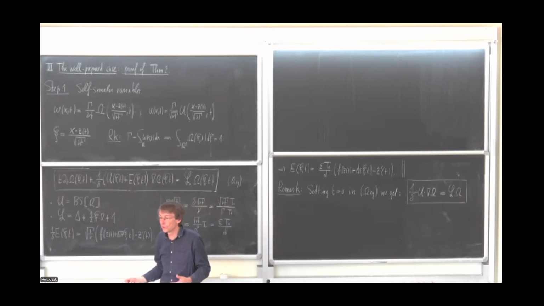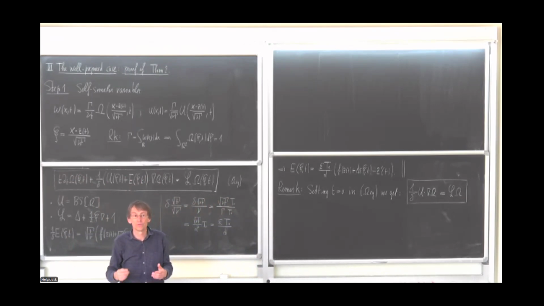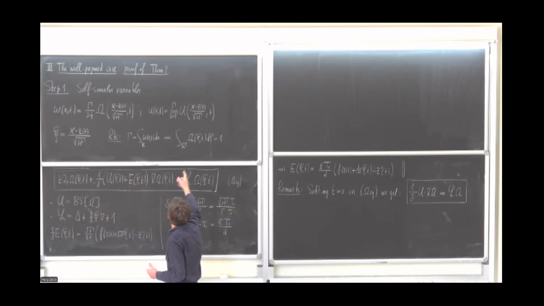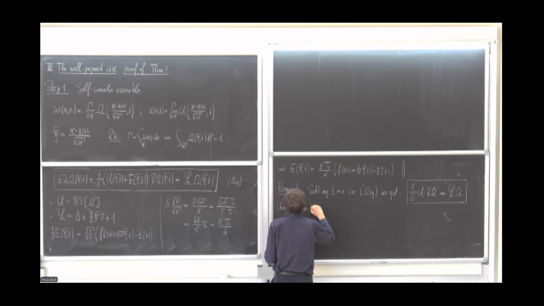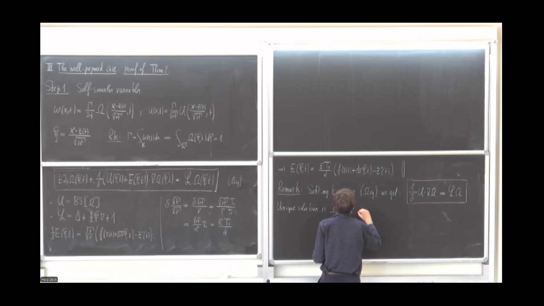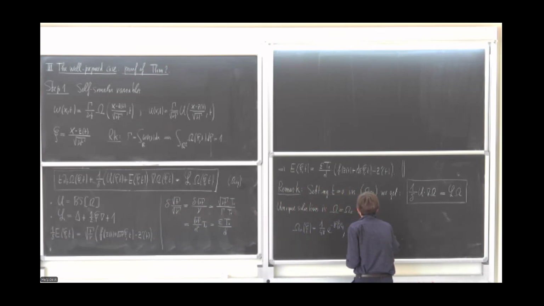The self-similar solutions of the Navier-Stokes equation have been studied. If the vorticity is integrable and the integral is equal to 1, there is a unique solution to that equation, which is omega 0. So the unique normalized solution is omega equal to omega 0, where I recall that omega 0 is 1 over 4 pi e to the minus psi squared over 4, and the corresponding velocity field u0 outside.